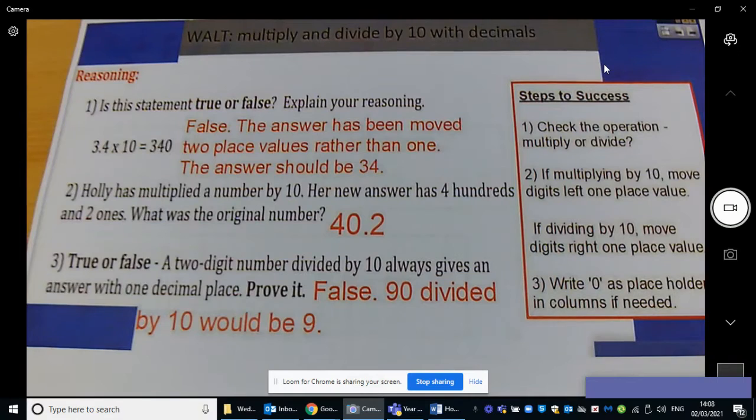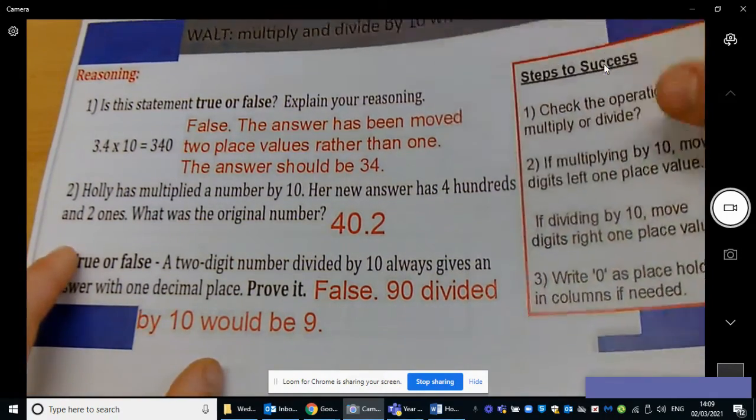And then false, a 2-digit number divided by 10 doesn't always give an answer with 1 decimal place. For example, any number that ends in a 0, like 90, so anything in the tens, 90 divided by 10 would be 9, so not 1 decimal place.